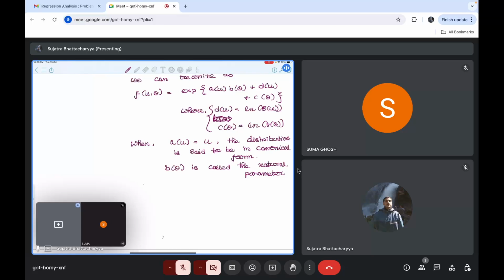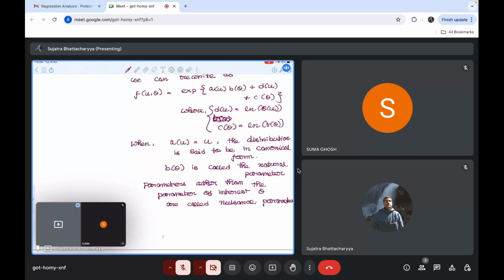Now, if there are more parameters than this theta parameter, parameters other than the parameter of interest theta, they are called nuisance parameters, which are not important for this to be part of this exponential function which we have written here.